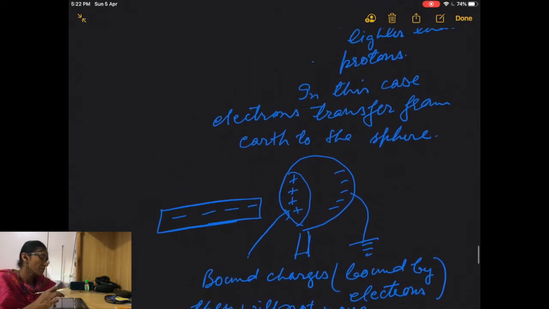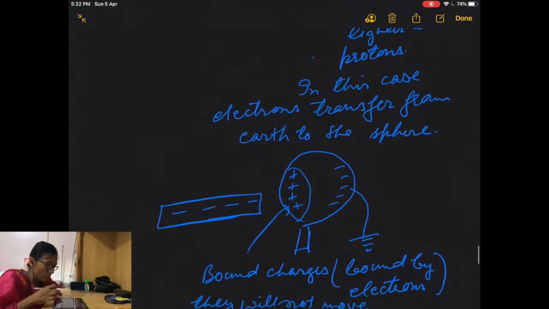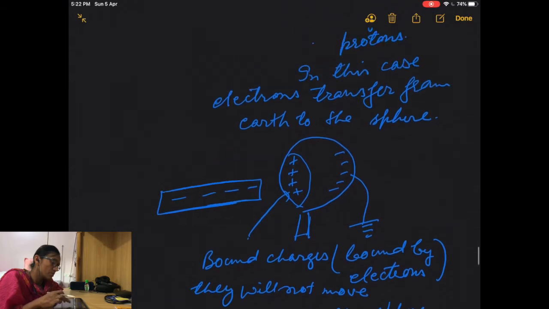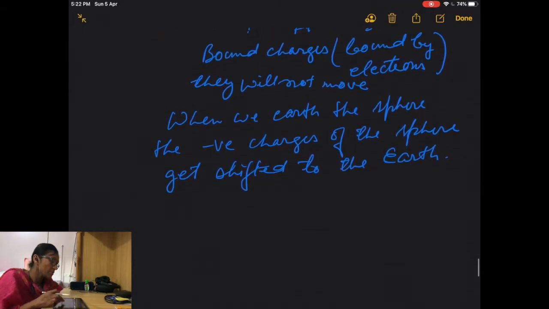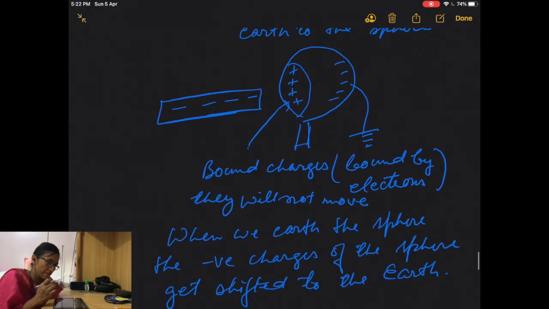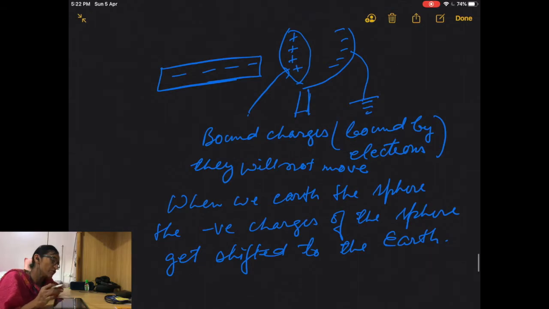So this is charging by induction, and what we have seen is that in this method we always have to take a charge of opposite nature. Suppose you have to charge an object by positive charges. Then for induction, we have to take the charged body of opposite polarity, a negatively charged body.